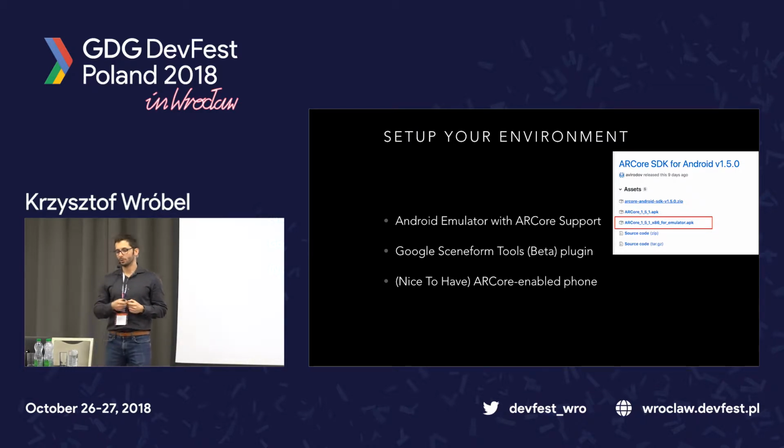There is something called the Google Sceneform Tools plugin, which is also good if you want to see how your models will look inside Android Studio. And basically it also helps you compile all the assets for ARCore. And nice to have, but not necessary, because most of the time you can work inside the emulator, is to have an ARCore enabled phone.